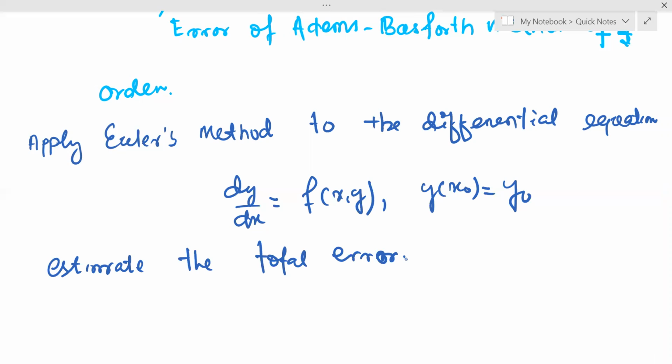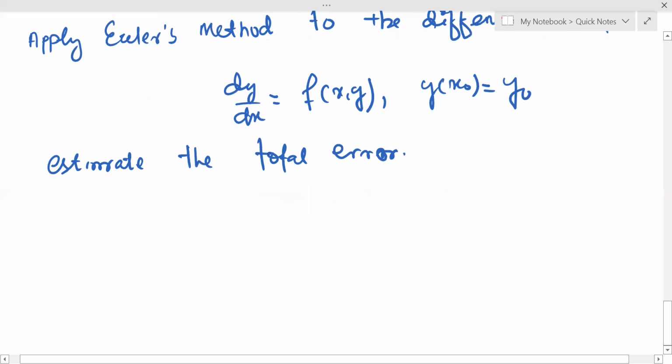Compute the error neglecting the round off error. One function has been given to you, that is f of x, y, which is equal to minus y, and y of 0 is equal to 1.